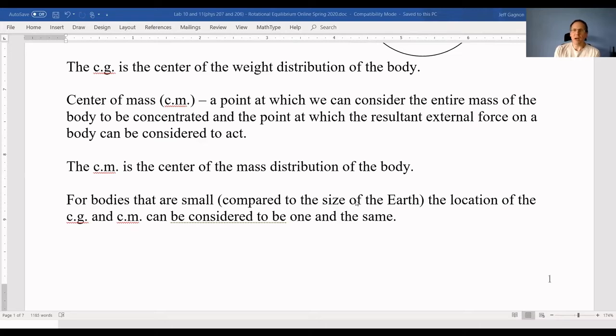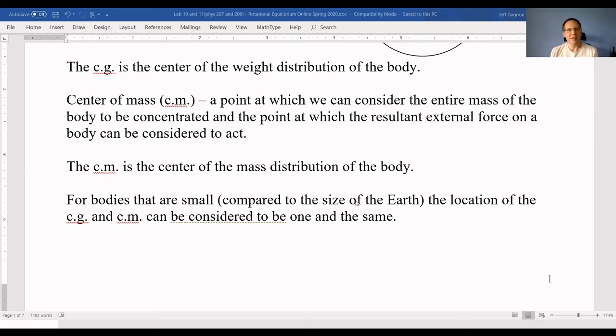But because gravity is slightly stronger near the surface of the Earth and slightly weaker as you move away, when you calculate the weight of those little bits of mass near the surface, they are weighted more strongly than the little bits of mass near the top, that are further away from the surface. So that will shift down the center of gravity a little bit.